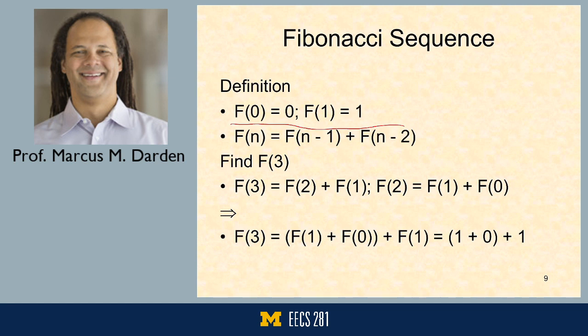So for example, fib 3 is going to be fib 2 plus fib 1, and of course fib 2 is fib 1 plus fib 0. We start to see how there's an overlapping subproblem here, because here in fib 3, I've needed to calculate fib 2 and fib 1. But in order to get to fib 2, I also had to calculate fib 1.